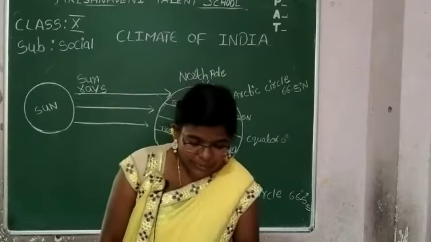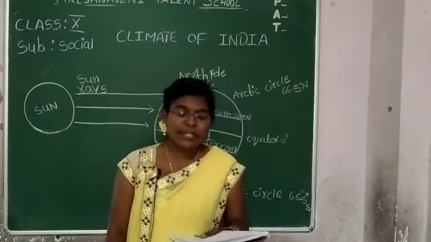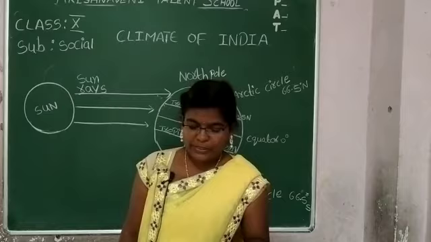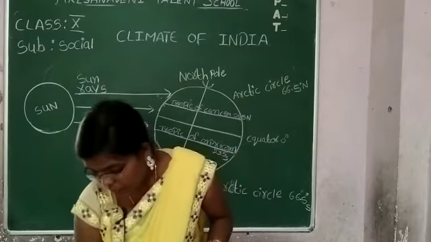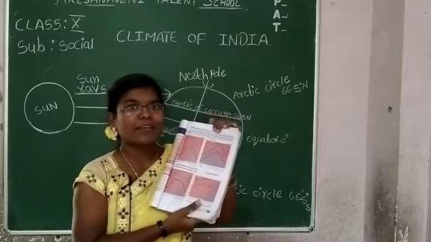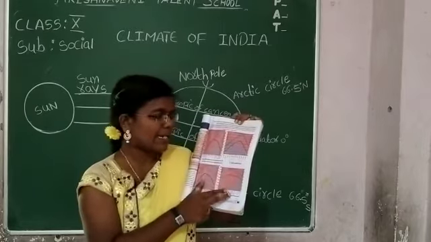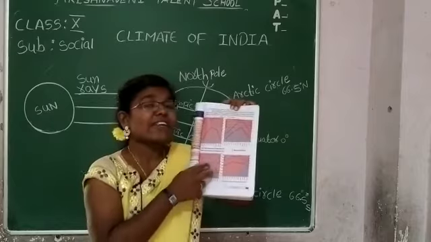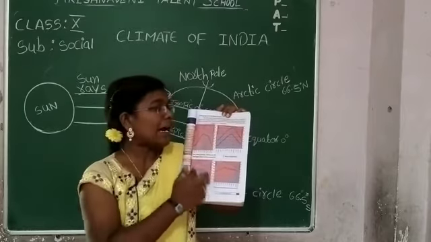Let us see. The pattern of these elements for a place can be shown using pictures called graphs. We are showing the weather conditions and temperature conditions of a particular area in bar graphs.